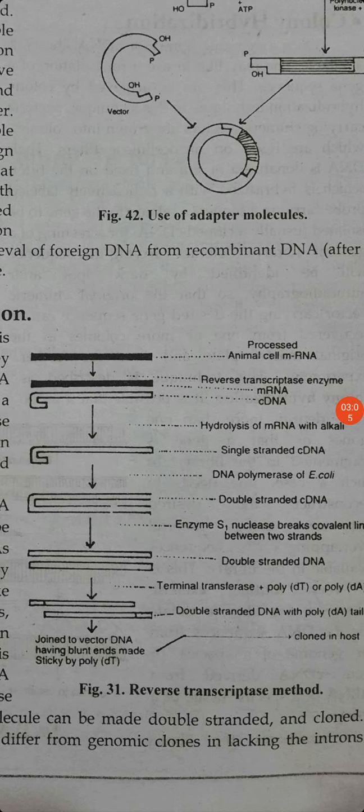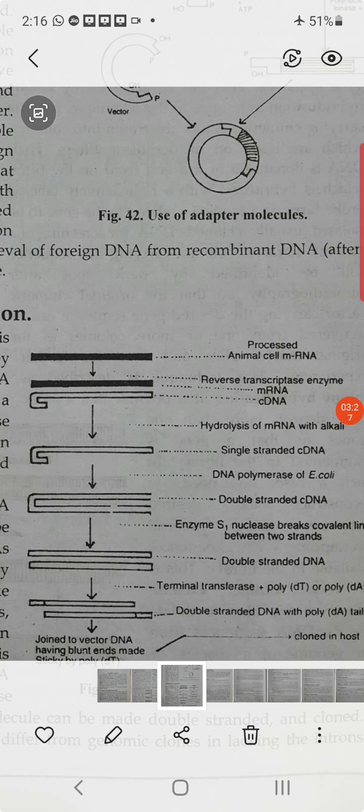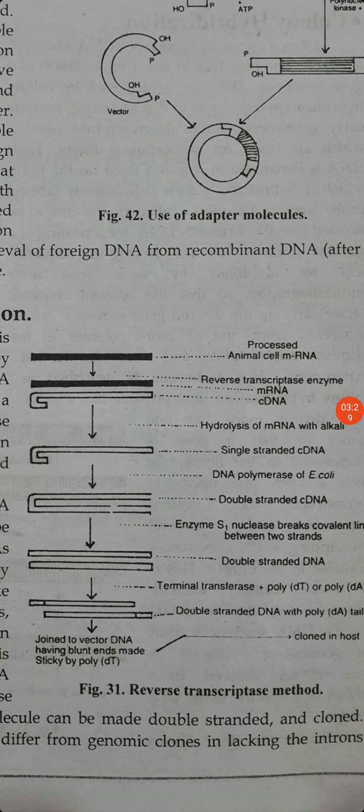Now this single-stranded complementary DNA, using DNA polymerase and the protein synthesis machinery, we get double-stranded. The extra nucleotide bases are added, and that single-stranded complementary DNA is converted into double-stranded complementary DNA. Then the enzyme S1 nuclease breaks the covalent link between the two strands.